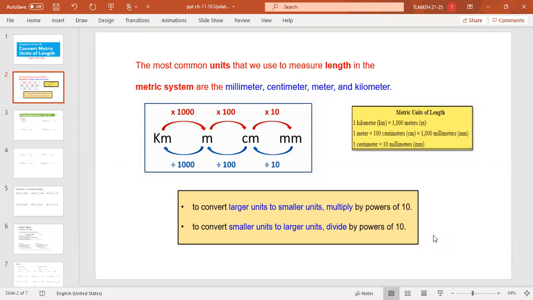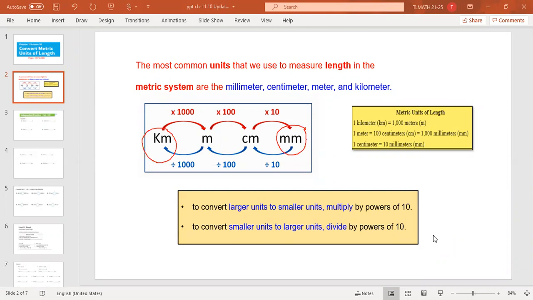Now look at this diagram here. We ordered these units from largest one to the smallest one. So the largest unit for measuring length is kilometer, and the smallest one here is millimeter.